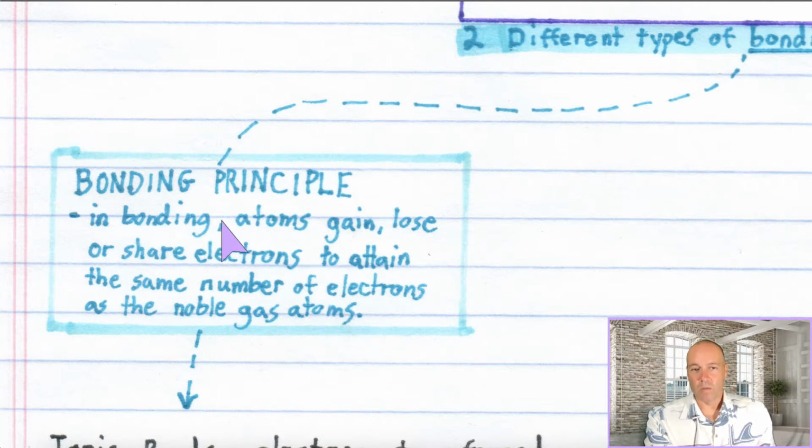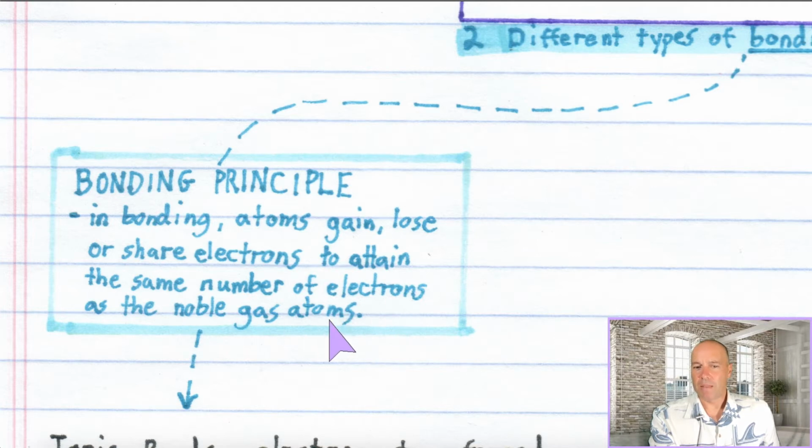What this is saying is that for elements to bond together, the atoms of those elements will gain, lose, or share electrons. And the reason they're doing that is to try and attain the same number of electrons as the noble gas atoms.